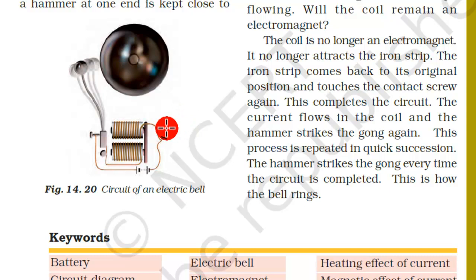The current flows in the circuit, and the hammer strikes the gong again. This process continues in quick succession. The hammer strikes the gong every time the circuit is completed. This cycle continues, and the sound is produced in the electric bell.